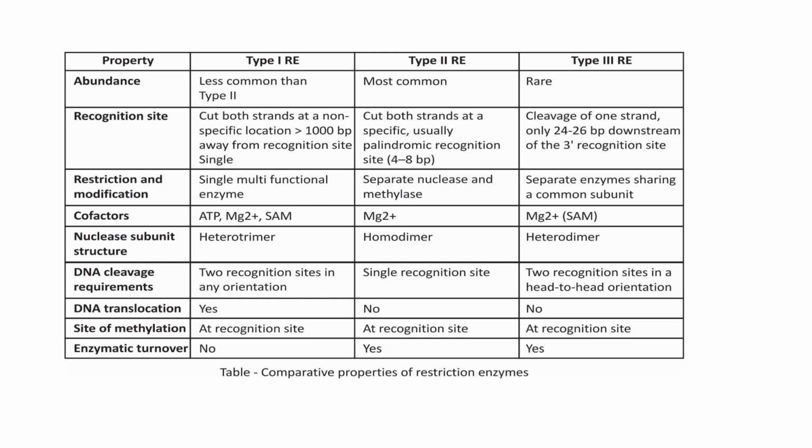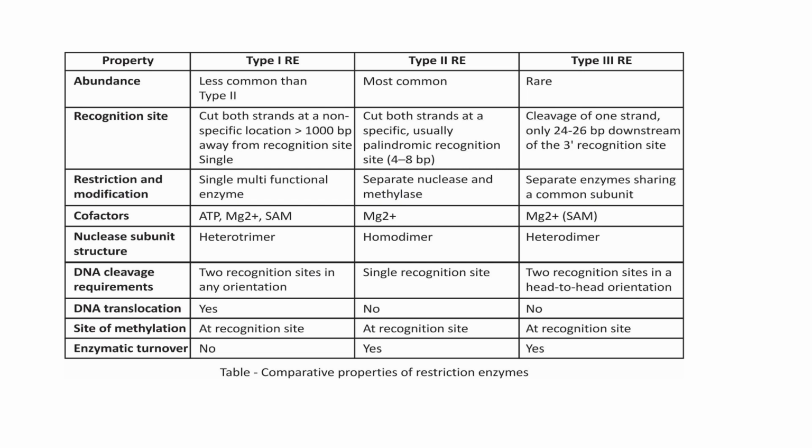That means type 1 and type 3 give the desired gene with some multiple numbers of other bases, but type 2 usually gives the actual gene of interest by cutting in specific sites on the palindromic recognition sequence. So type 2 is essential for genetic engineering, and other properties are also here.